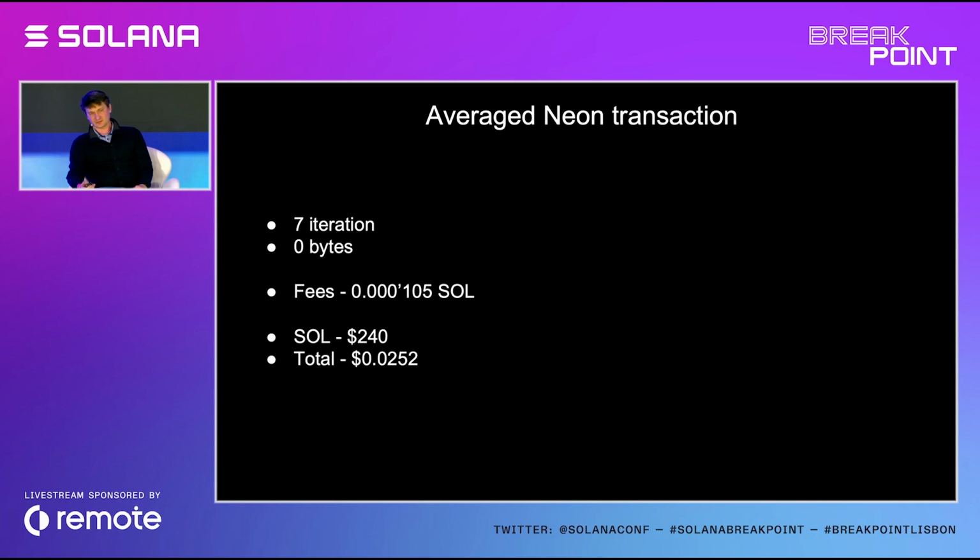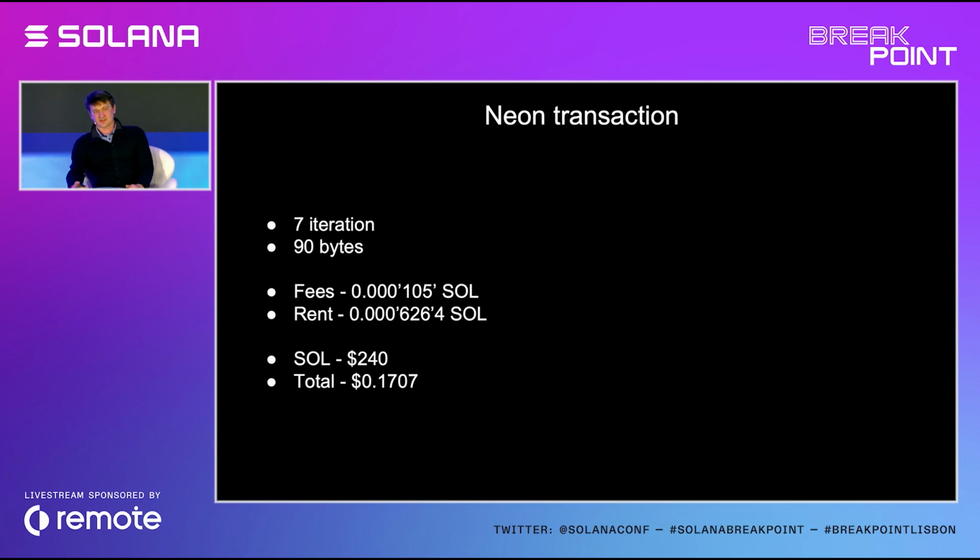Currently, the average Neon transaction requires about 7 iterations. These are the Solana transactions within which the Neon transaction is executed. The price of this transaction is about 2.5 cents. If this transaction requires creating a new value in the Solana storage, the price will be about 17 cents.